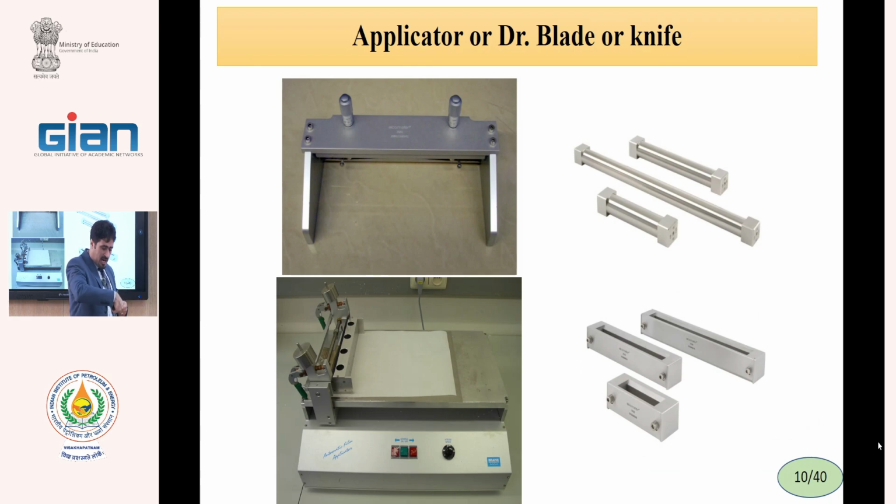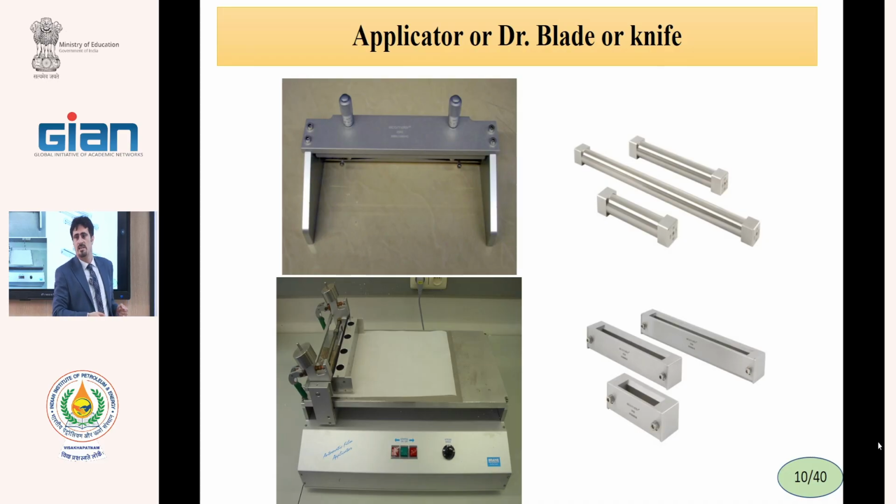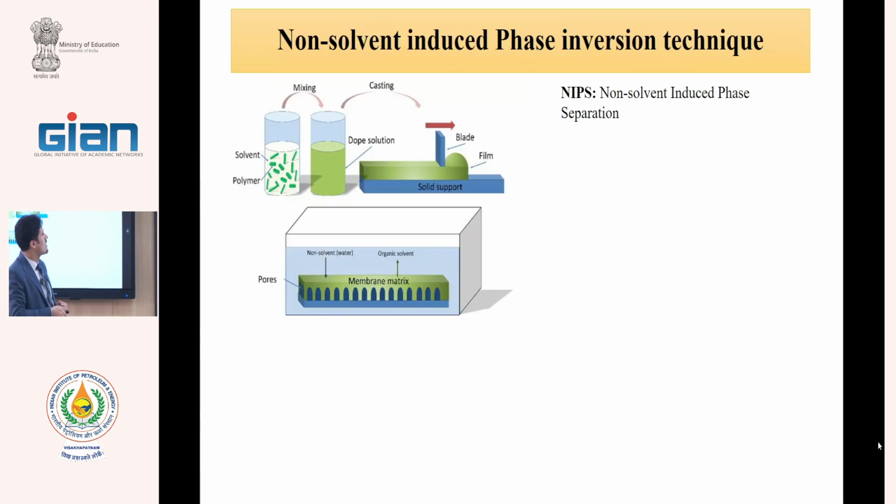But the speed of the hand may be different from one person to another. And this casting speed is important. Therefore, it is better to use a speed-controlled casting. We put this one here, put the polymers here, and we coat the layer on the membrane surface.